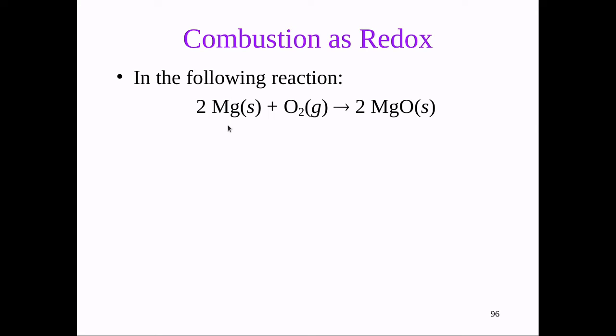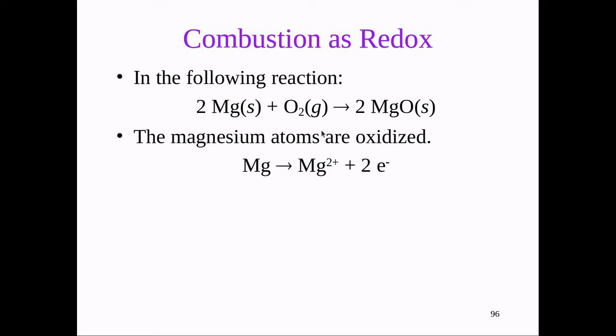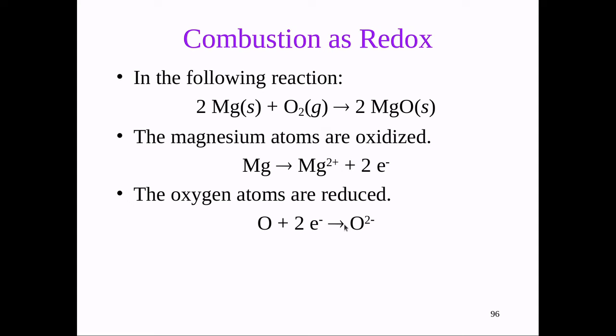If we have a magnesium solid that's going to react with oxygen in this case, we can break this down. Our magnesium still loses 2 electrons, but the oxygen is in a 2 negative state, meaning it took on those 2 electrons. So here's where we have this balance. We get 1 magnesium for every 1 oxygen that we're going to reduce. That's why when we have our diatomic species, we need 2 magnesium atoms.